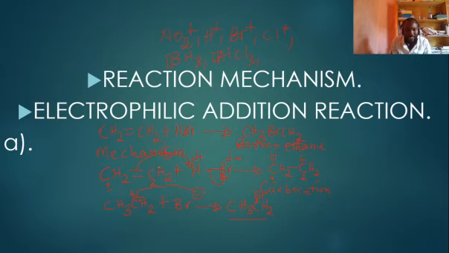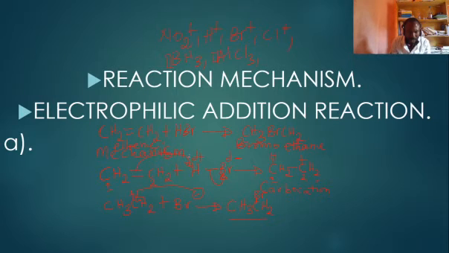You can see the sequence of elementary steps that we have been able to move from the reactant to the product. This is the mechanism for the formation of bromoethane from the reaction between ethene and hydrogen bromide. Why do we say it is electrophilic addition?